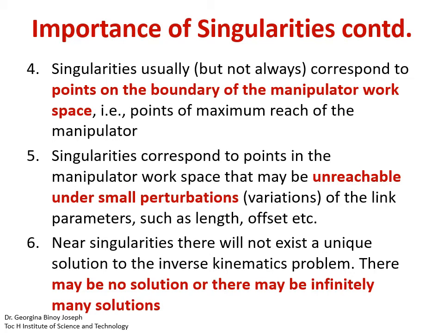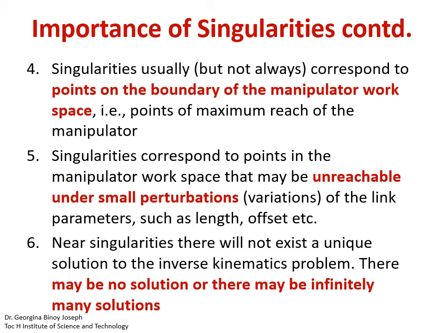So when you're manufacturing a robot, when we have decided that there should be a certain length and a certain offset given to various parts of the arm, if there are small variations, small perturbations in this length and offset, these may cause points in the manipulator workspace to become unreachable, and this may correspond to singularities.